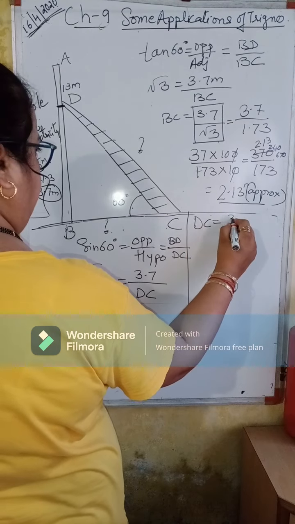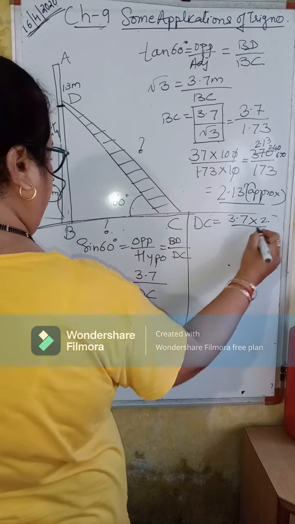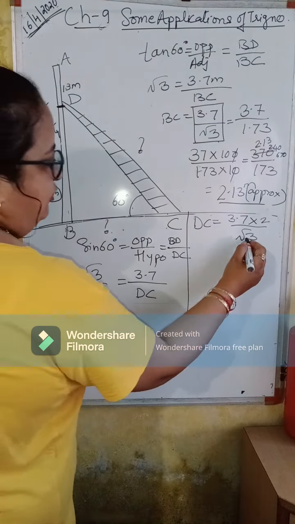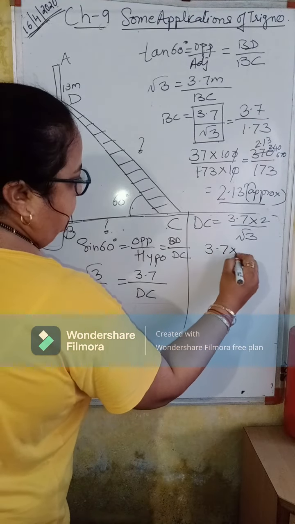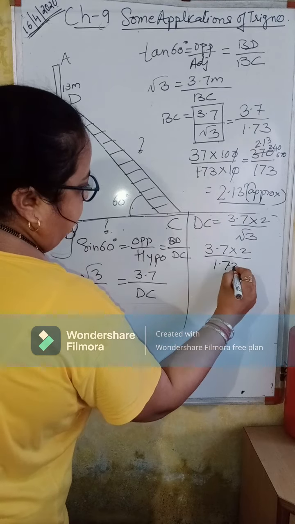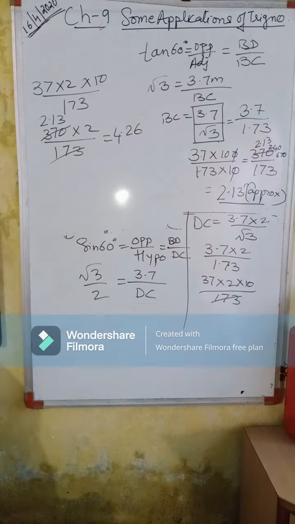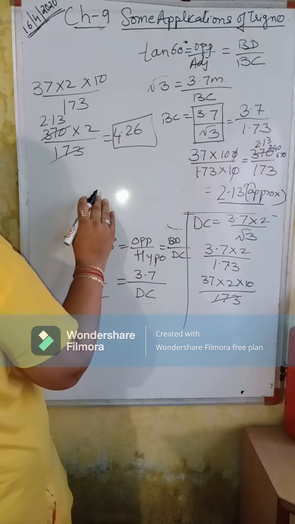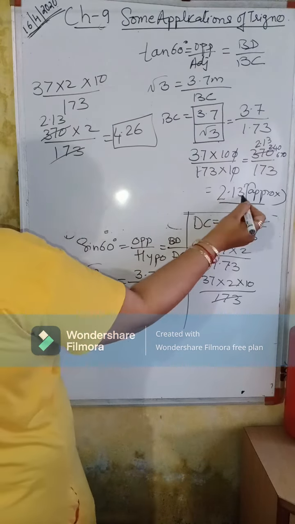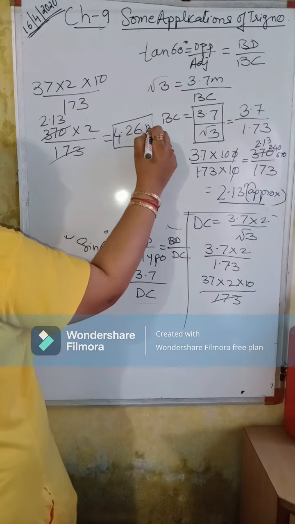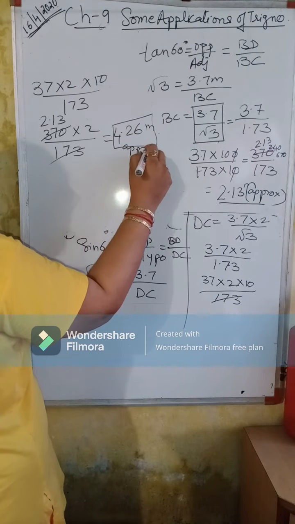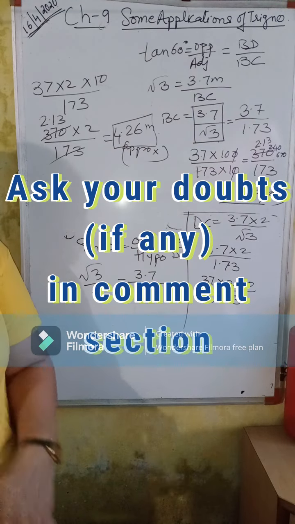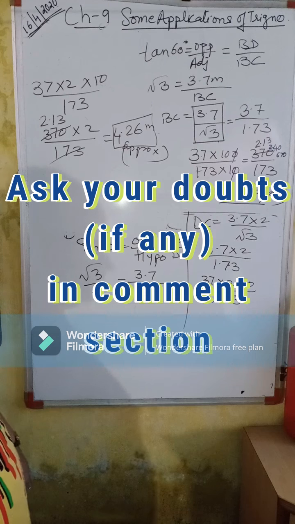BC is equal to 3.7 into 2 upon root 3. Okay, put the value of root 3, 3.7 into 2 upon 1.73. 4.28 is the textbook answer. I am getting 4.26 because they have taken here 14. I have taken 13. So this is your approx you write over there. Understood? Yes. Any doubts?